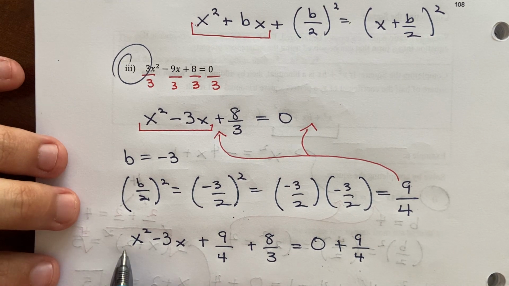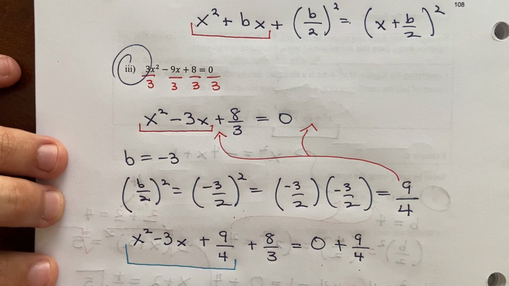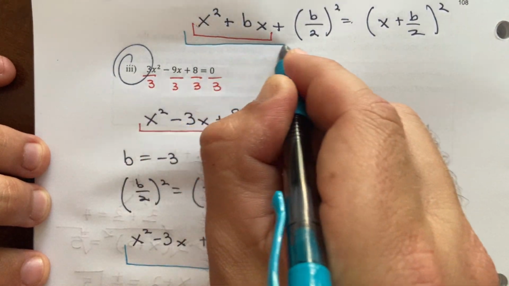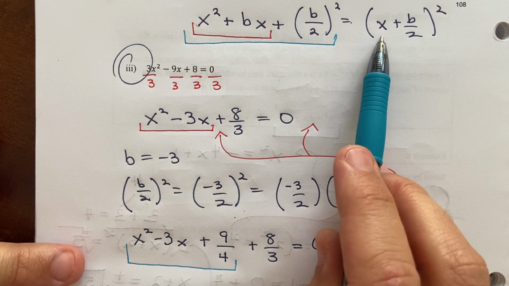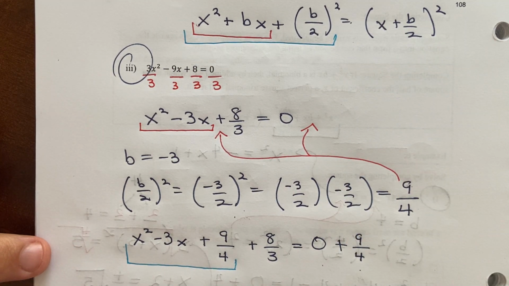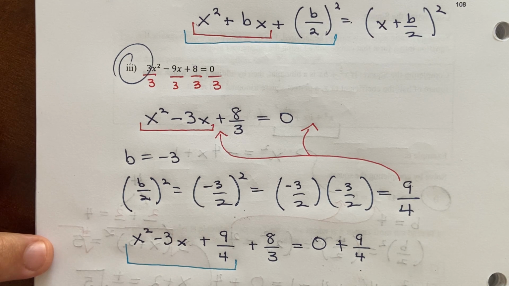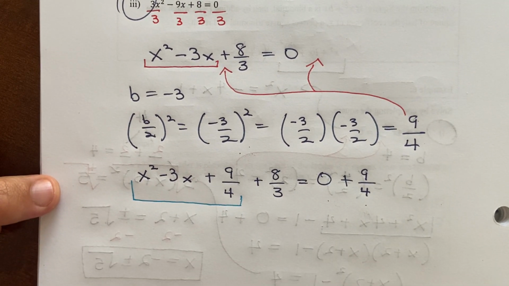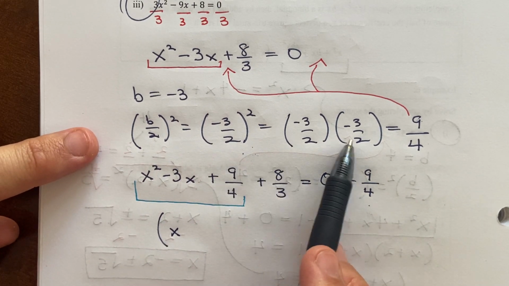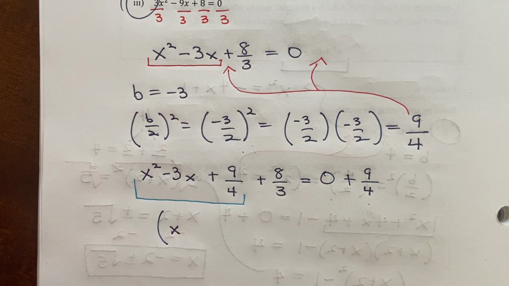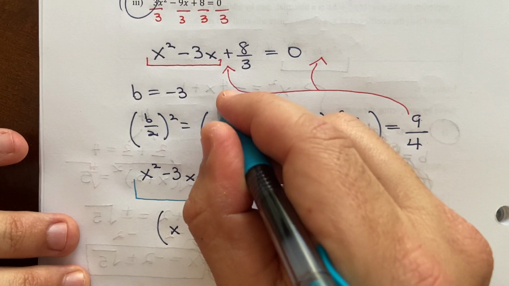So now this piece, this entire trinomial, should factor as x plus half of b, all squared. So x plus half of b in our case is right here. Right, this is half of b.